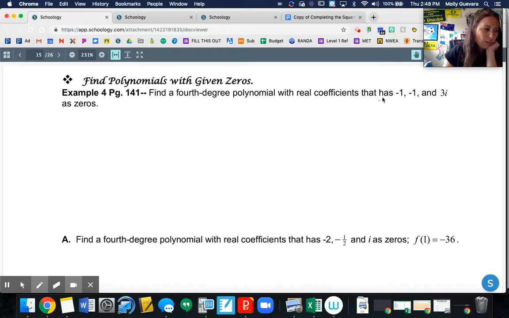Well, right now, that's only 3 zeros, right? 1, 2, 3. And this is a 4th degree, so it needs another 0. So the biggest thing that we have to remember is that if I have a complex or an imaginary 0, the conjugate of it is also a 0. So -3i must also be a 0.